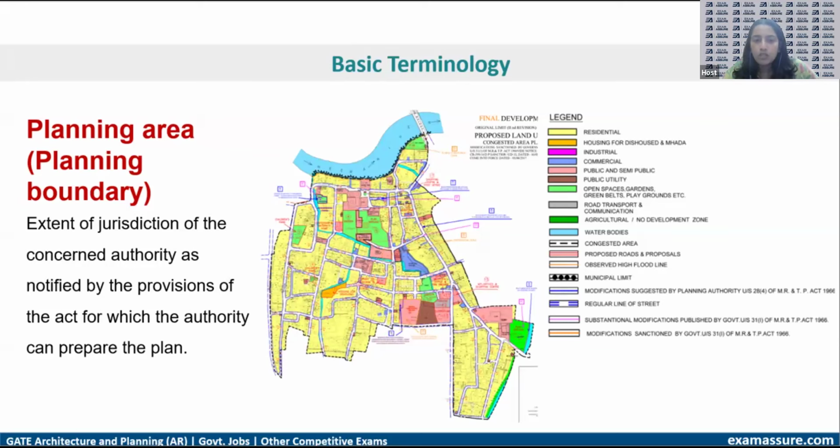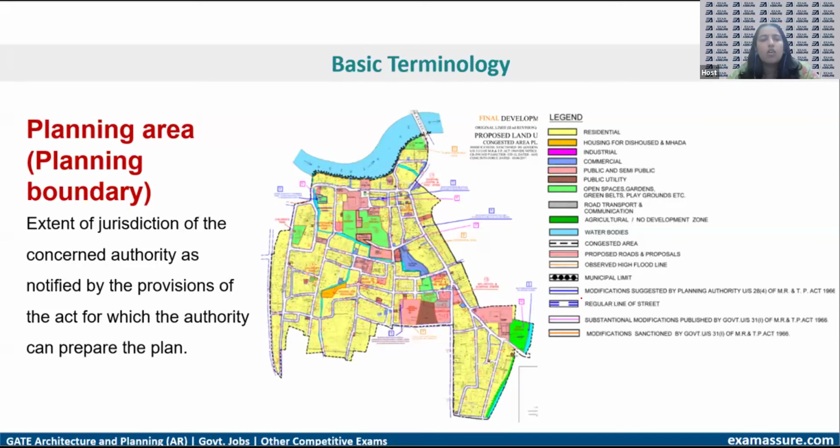Is there anybody who does not understand Hindi? Okay, I will use a mix of both English and Hindi. Fine. So what do we understand by a boundary?